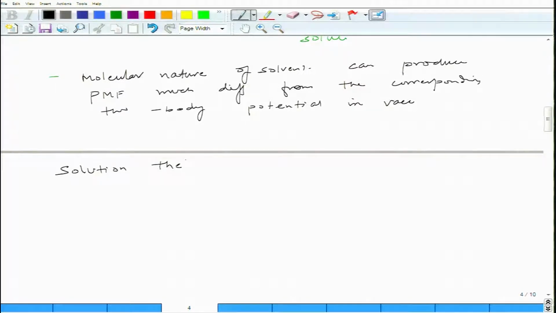For example, a solution theory such as McMillan-Mayer theory provides a direct quantitative relation between PMF and macroscopic thermodynamic property.